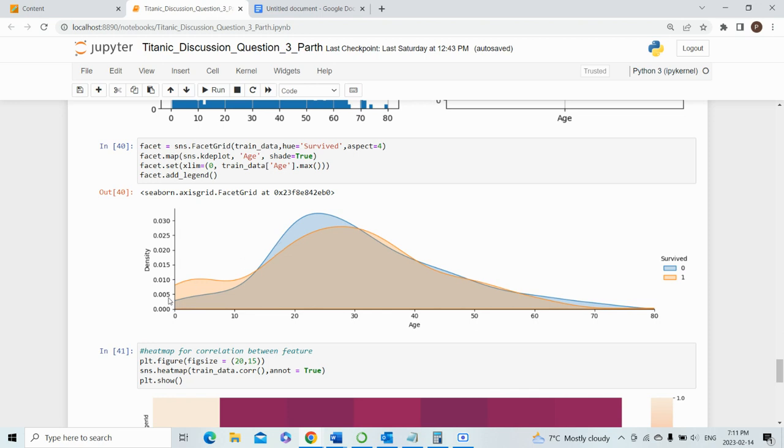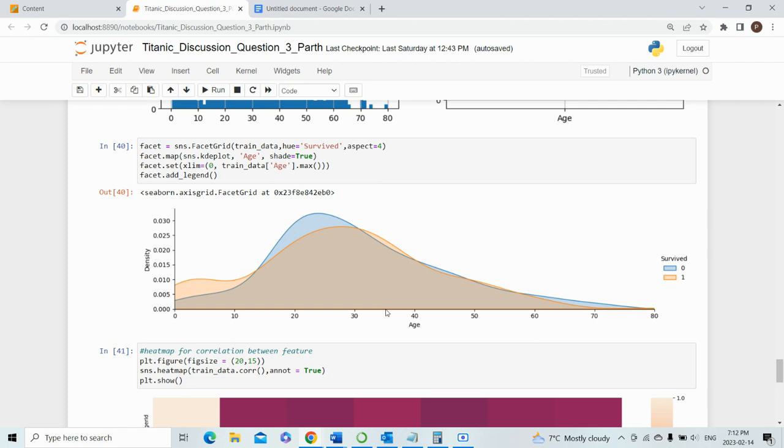Now another graph we see here is about the trends in age as per the density of the people who survived. Again, survived is here. The people who survived are in blue, and the people who did not are in this peach color over here. You can clearly see that people who survived and died were basically between the ages of 15 to 60, 65 to 70.